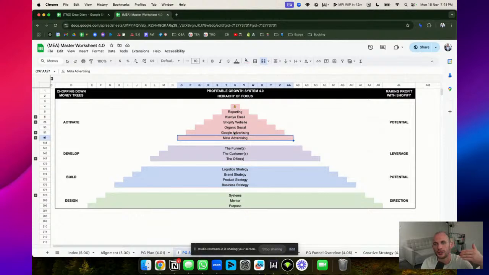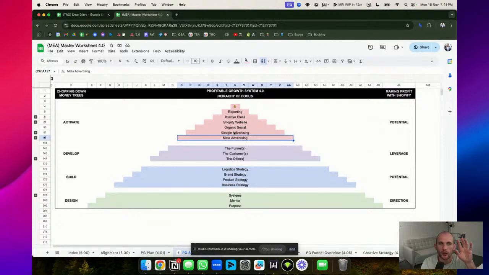And then we want to build systems that will ensure we can stay on that path so that we're able to arrive at our desired state, right? And so in my experience, without a really strong purpose, a solid mentor, and great systems, it's hard to design the best direction. You'll design a direction, sure, but will it be the shortest possible route to your desired state with the least amount of pain along the way? It's a big question, right?